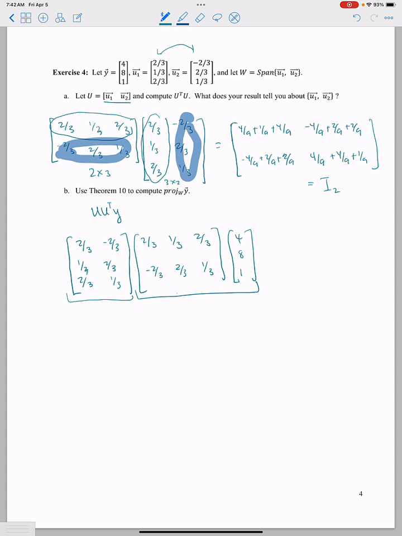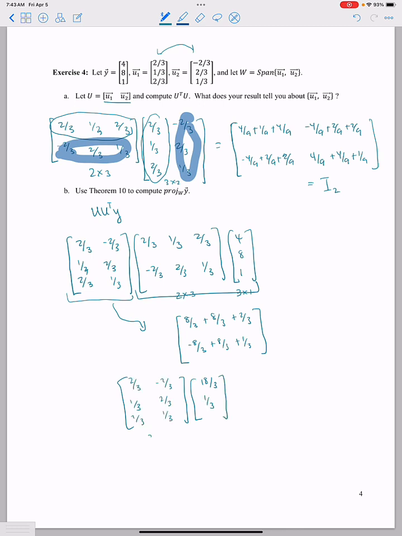So this is a 2 by 3 and a 3 by 1, so my outcome is going to be a 2 by 1. I have 8/3 plus 8/3 plus 2/3, and negative 8/3 plus 8/3 plus 1/3. So 8/3, 10, 18/3, and then 1/3. This is a 3 by 2 and a 2 by 1.